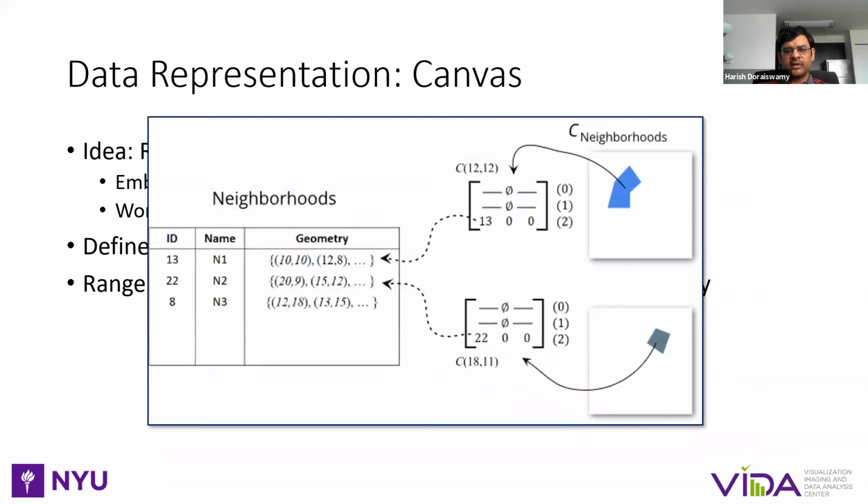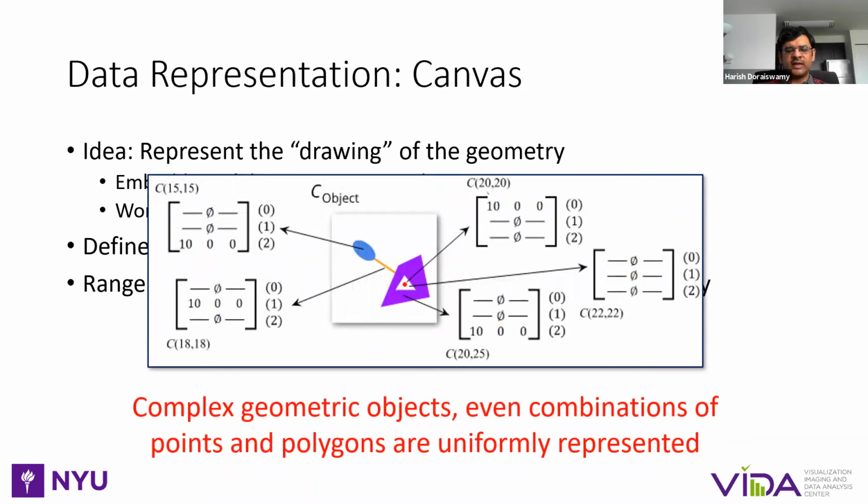In case of polygons, the entire region covered by the polygon has a valid function mapping. What this allows is even complex geometries made up of more than one primitive type. So in this example, say a single geometry has not just polygons, but also lines and some points. Even such a complex geometry still has the same representation.